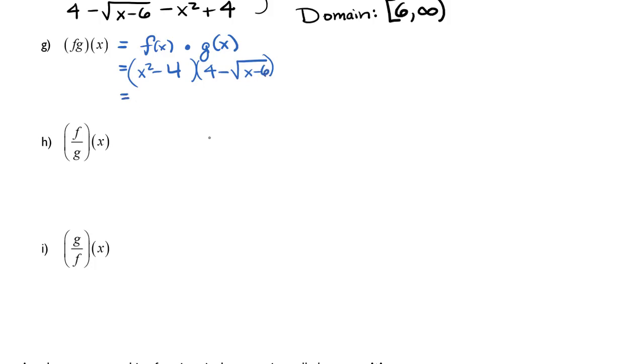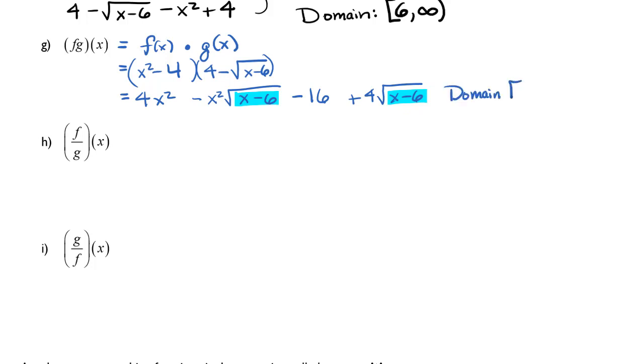If we multiply these out using the first outer inner last model, we will get 4x squared minus x squared square root of x minus 6 minus 16 plus 4 root x minus 6. If we look at the restrictions on our domain, again, it's nothing new. We still have the restriction as a square root of x minus 6, which means the domain of this function will be from 6 to infinity.